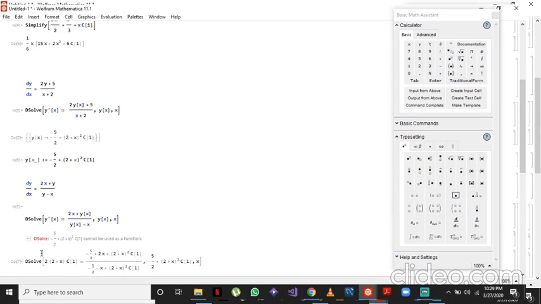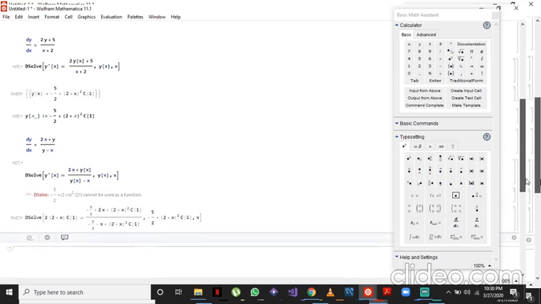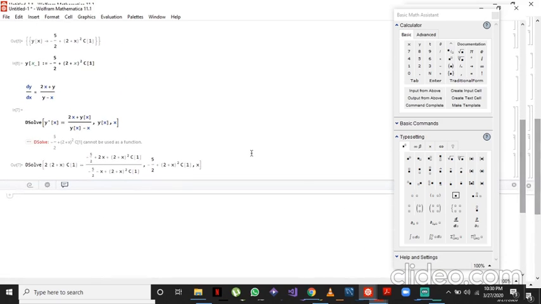Well, it is saying dsolve cannot be used as a function. It may be particularly taking the above answer into consideration as well. However, that's not what we want. What we want is dsolve solving the equation, in this context 2x plus y.